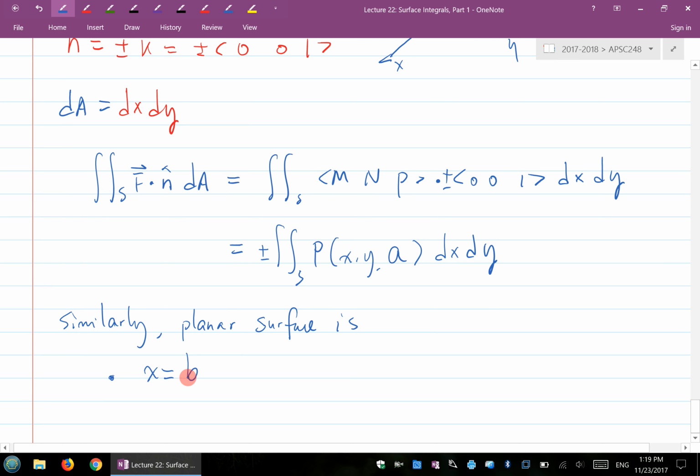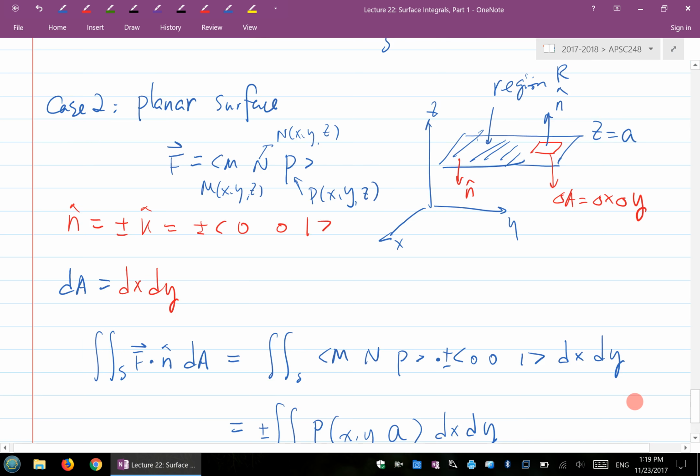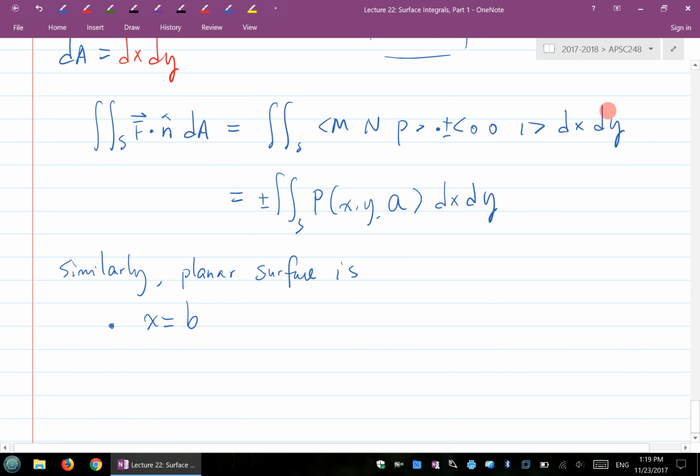So x equal to b means it's a plane parallel to which plane? To the yz plane, right? If this is the case, then you can modify it very easily. The n hat will be positive or negative i hat, and your dA will be dy dz.